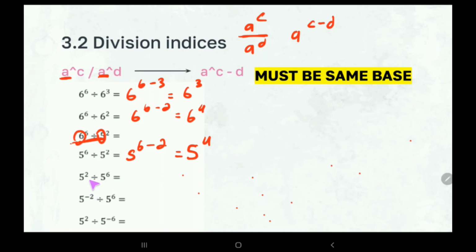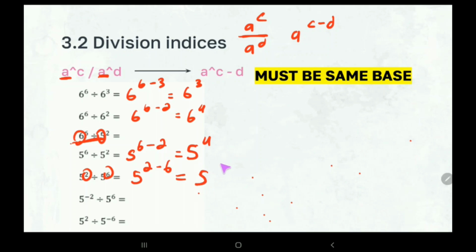Here, now notice in this case the left hand side, the left number, has a bigger power. So we will do the same again, 2 minus 6, but in this case it will be a negative index or power.